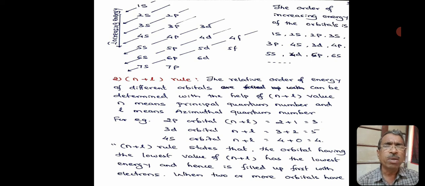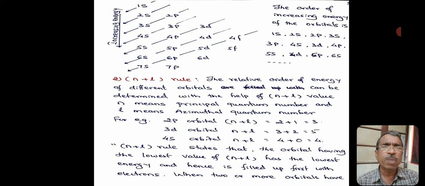For example, the 2p orbital. Here n is 2, l for p is 1, so n plus l is 2 plus 1, which is 3. For the 3d orbital, n is 3 and for the d subshell l is 2, so 3 plus 2 is 5.